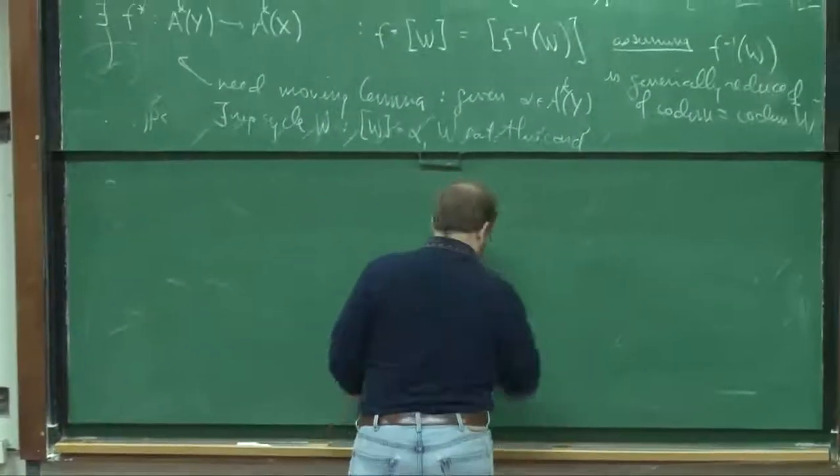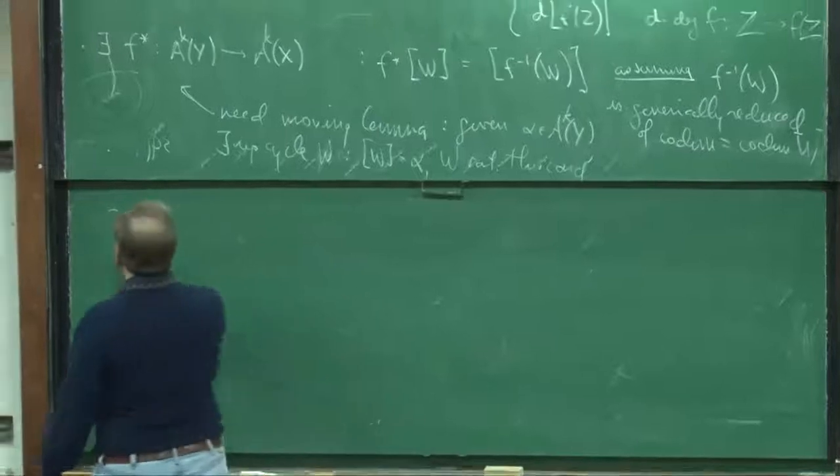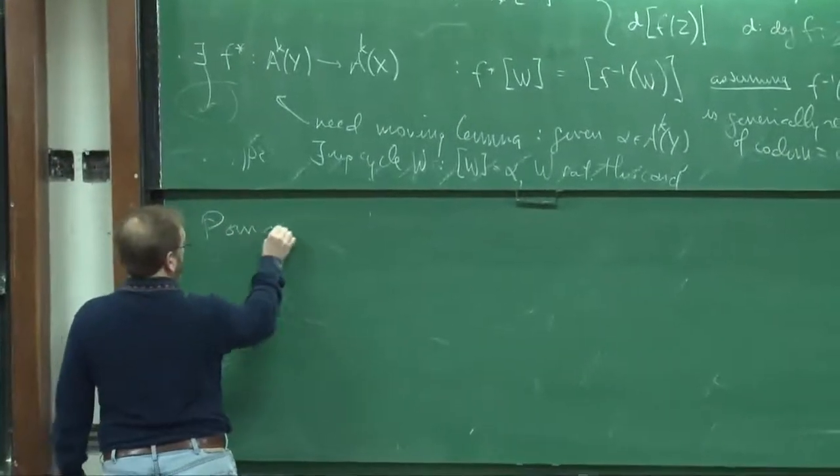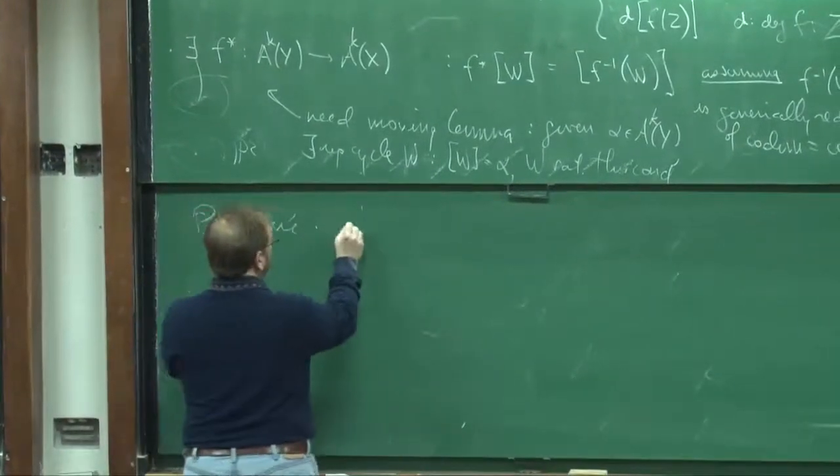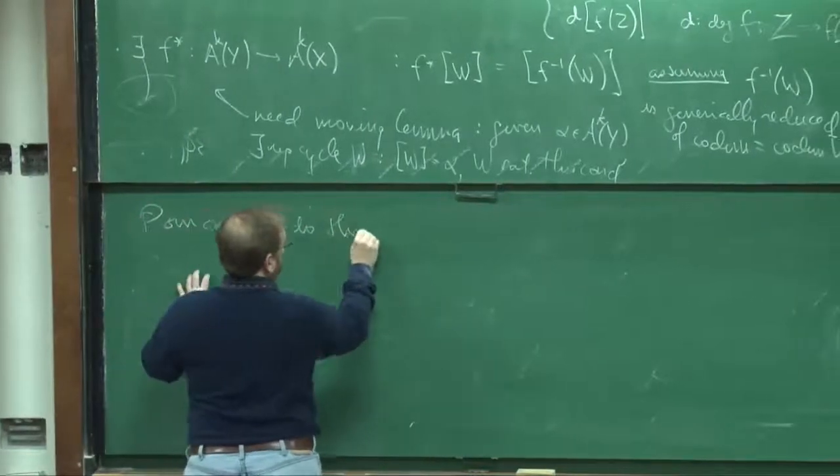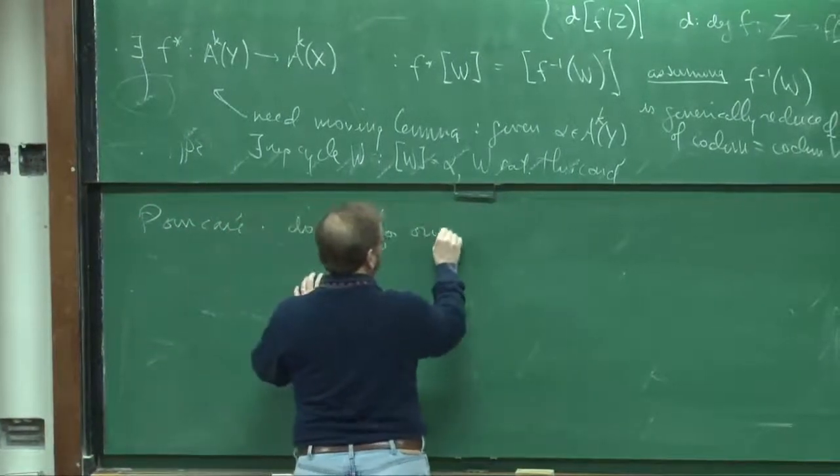So Poincaré's whole idea was to do this for oriented submanifolds.